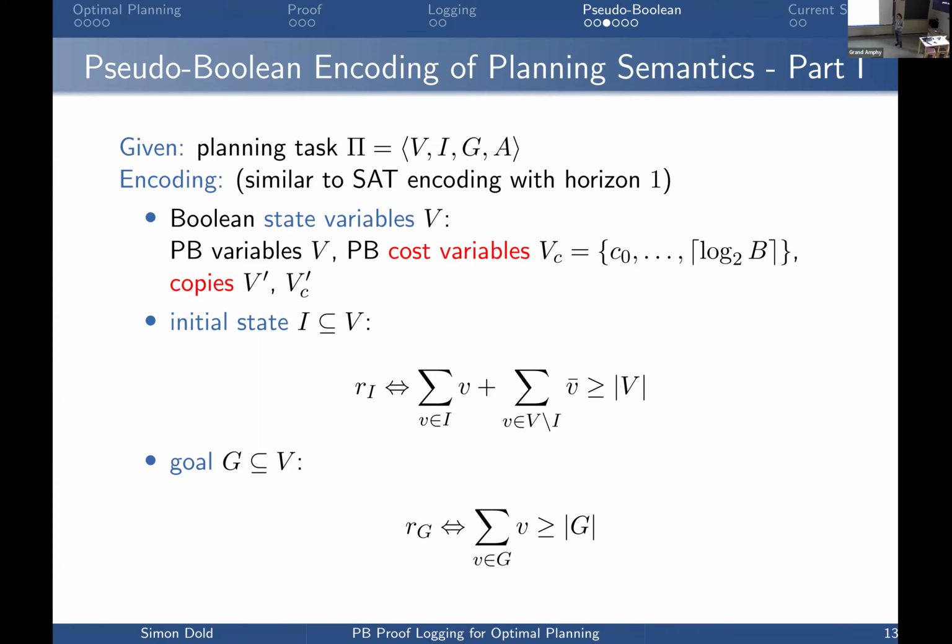And we are also having prime copies of these variables and cost variables. And you can view this as similar to the set encoding with a horizon of 1. So the v variables represent the current state, and the v prime variables represent the successor state.